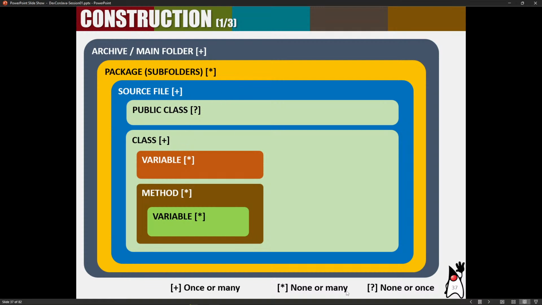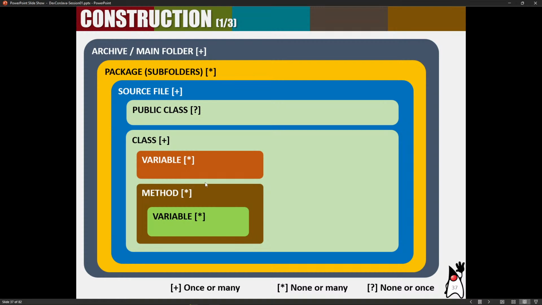If you refer to my description down here, public class is none or once, so the Java file can have one public class or no public class.